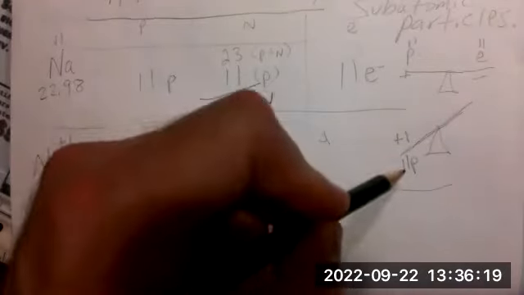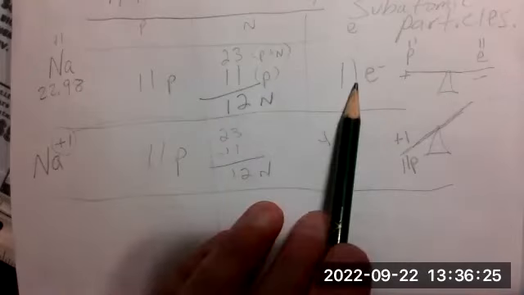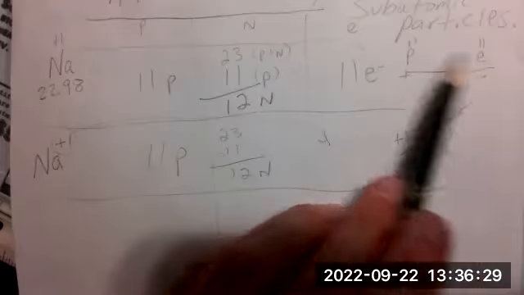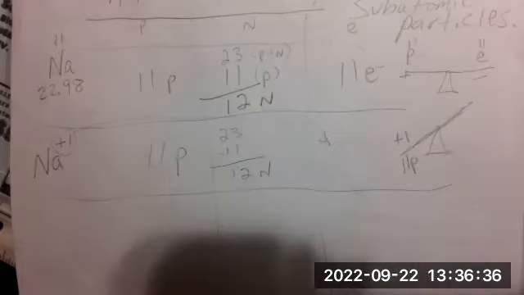Well, you can't change the number of protons. It's still 11. So how can you arrange, like, what would be the amount of electrons it would take? First of all, to balance them would be 11 electrons. But if I want to have one more positive than negative, I can only change the negative ones here. I can only change the number of electrons.